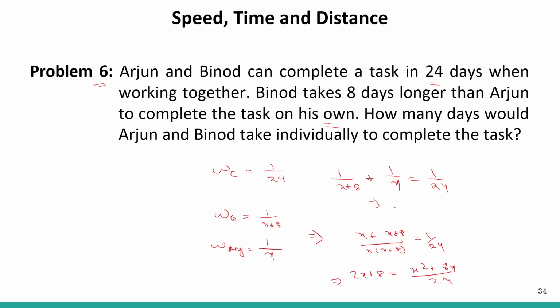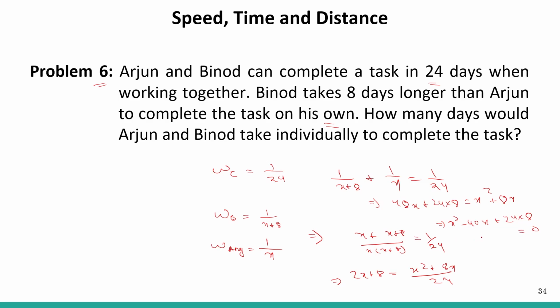So what we are left with is 48x plus 24 into 8 is equal to x square plus 8x. So this implies that x square minus 40x plus 24 into 8 is equal to 0.